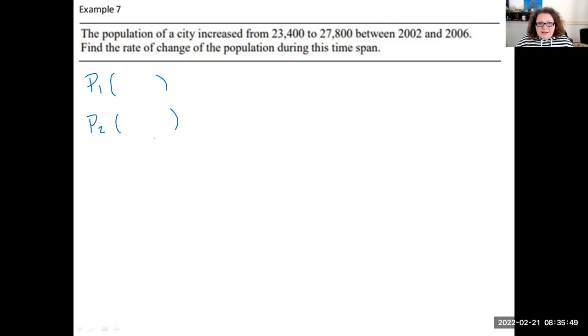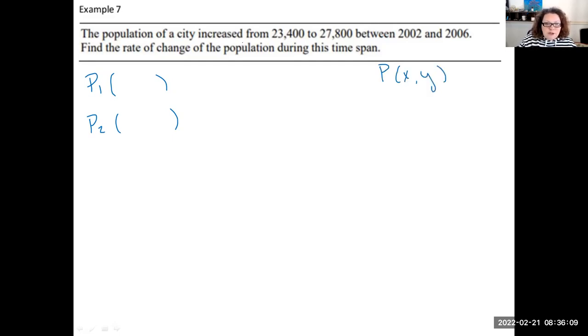Anytime you're given a time, years, months, days, whatever it is, that is always, always, always your x value. Okay, so remember, for a point, it's x and y. So your first value is always going to be time.